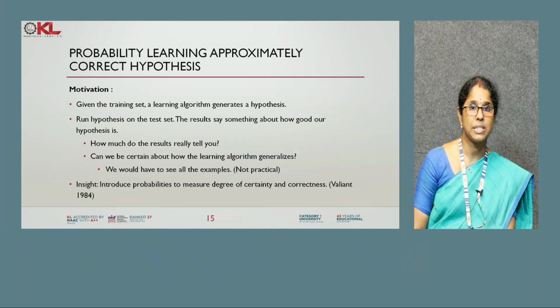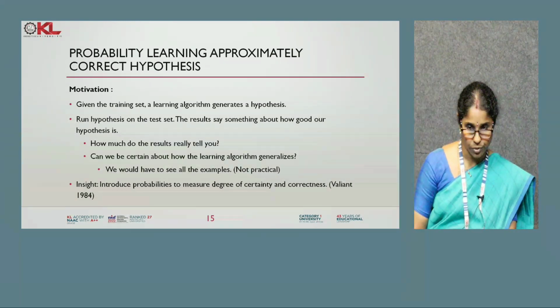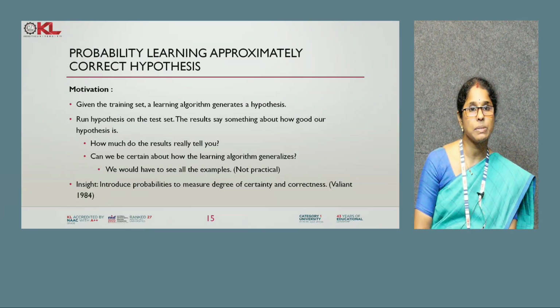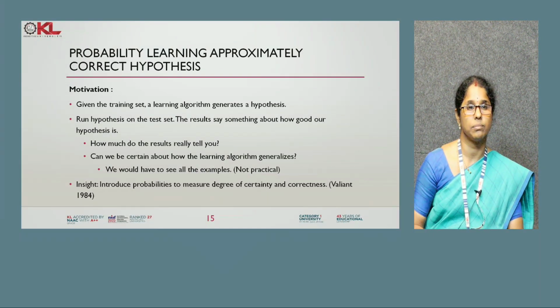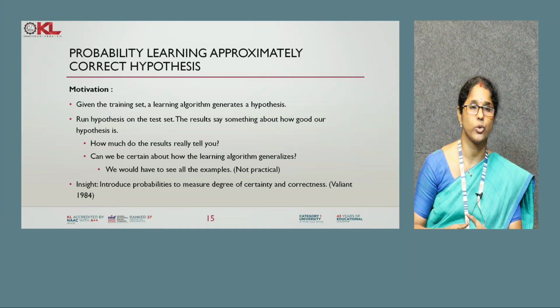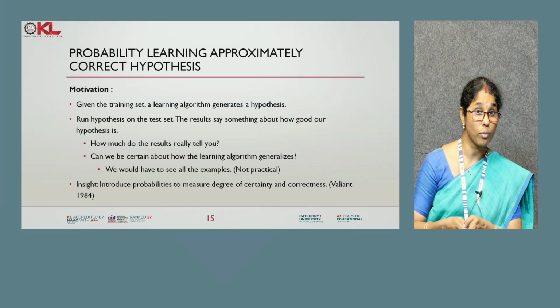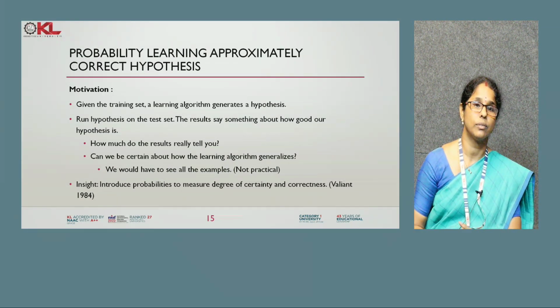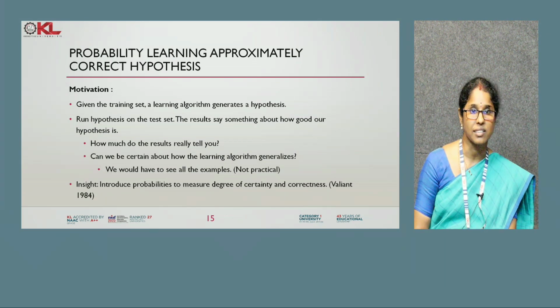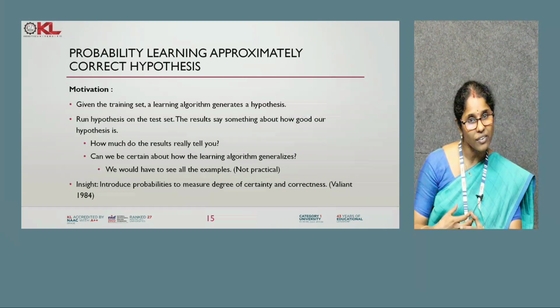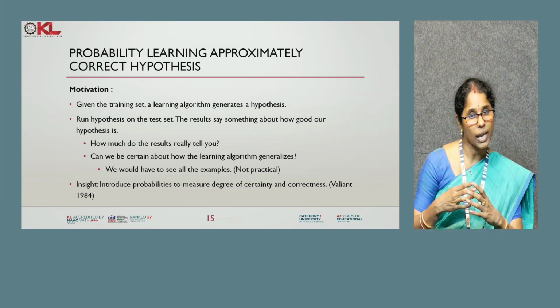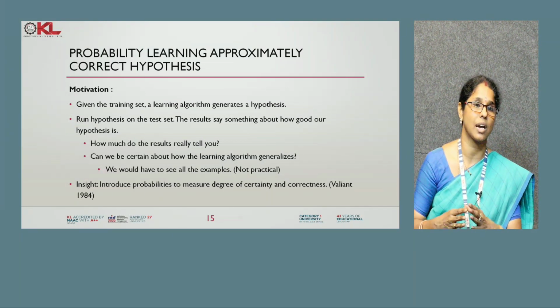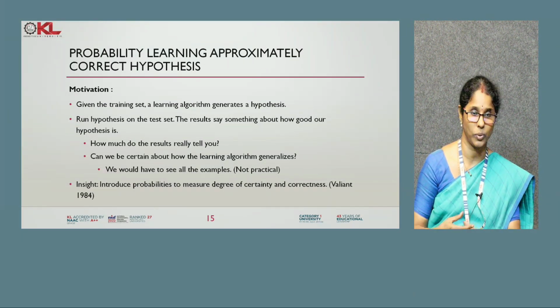Now talking about probably approximately correct (PAC) learning of a hypothesis. It is the assumption of how accurately you are able to predict. So the probability of learning an approximately correct hypothesis is what you're going to check. When working with a particular training set, you have to generate some hypothesis on it, and check how well these hypotheses suit.